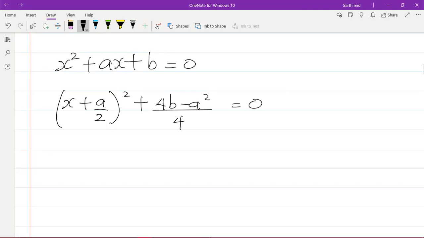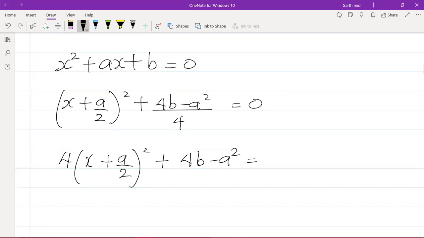And if I do that, I will get 4 multiplied by x plus a over 2 all squared plus, if I multiply 4b minus a squared over 4 by 4, the 4 will cancel out in the denominator, leaving me with 4b minus a squared. And that must be equal to 0 multiplied by 4 will still give me 0.